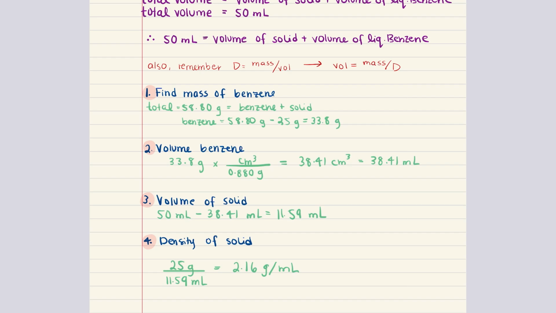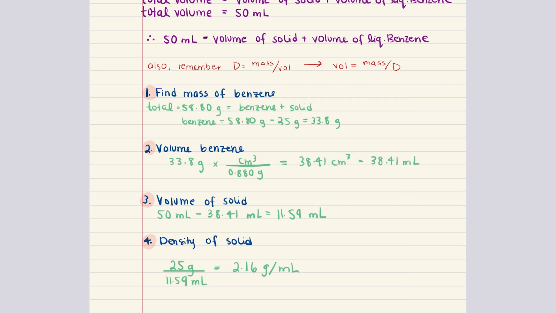The reason that this is important is because ultimately we can take that volume of benzene and the total volume, which is 50 milliliters, and subtract the two. 50 milliliters minus the volume of benzene gets us back to the volume of the solid. Now, if we have the volume of the solid and we're given in the problem the mass of the solid, then to figure out the density of the solid, we just divide mass by volume.